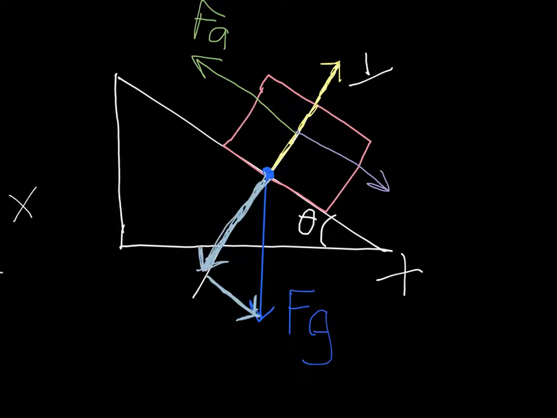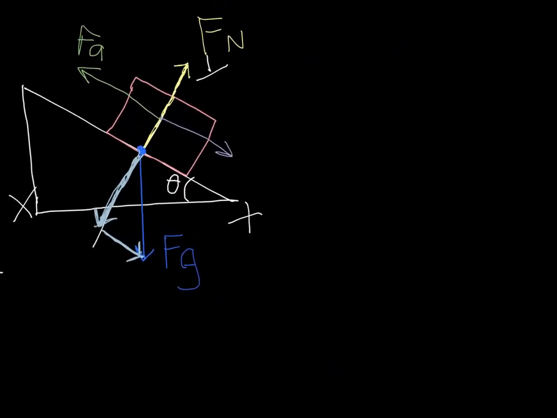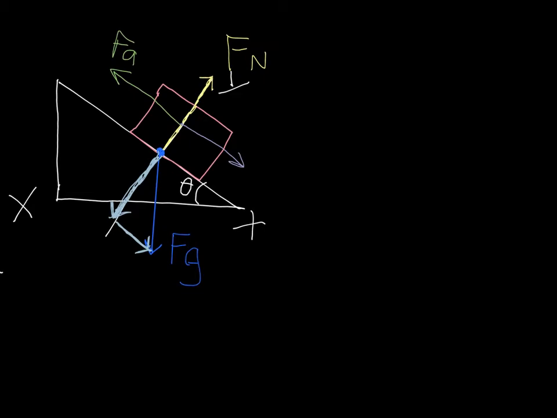One thing that's really important to know about this diagram, that I want to make sure I tell you before I run out of time here, is that if I have an object sitting on this inclined plane and it's not accelerating in this y-axis, not accelerating this way or that way, which it really shouldn't be.